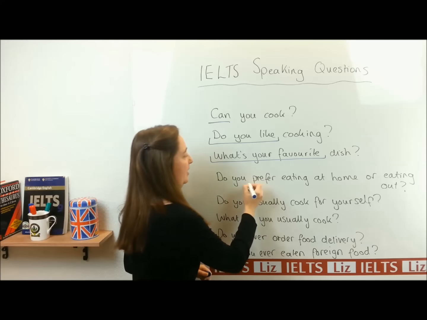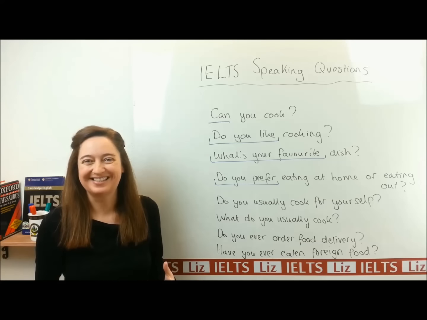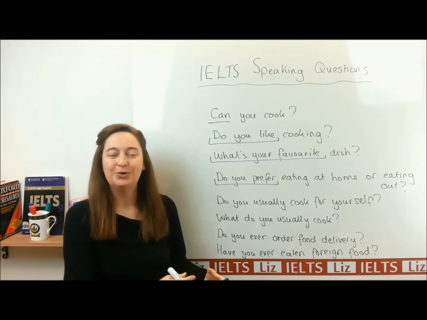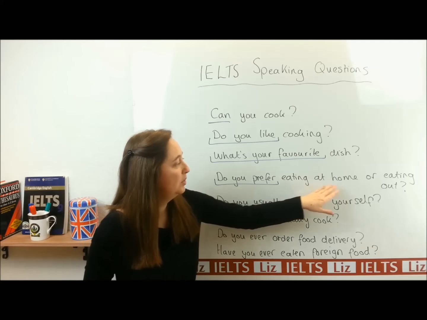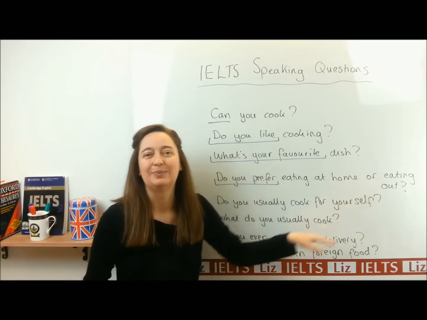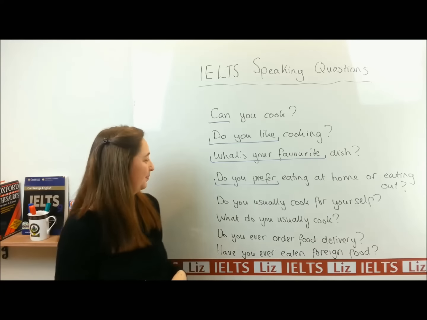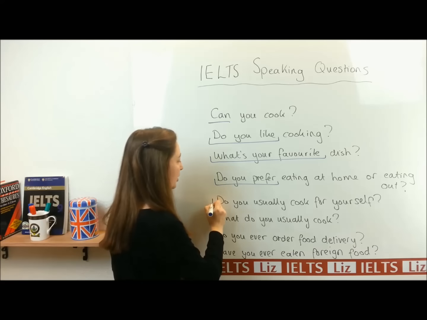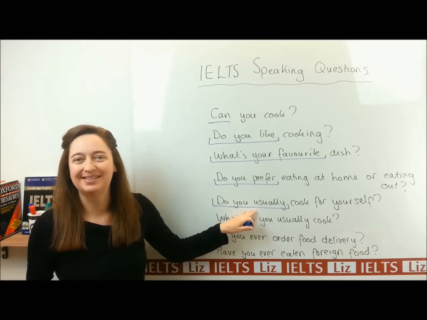Another one is preferring. So this is all about preferences. Do you prefer this or do you prefer this? So do you prefer eating at home or do you prefer eating out? You need to choose one and explain your preference. We've also got do you usually. So this is about your common habits, what you do frequently.